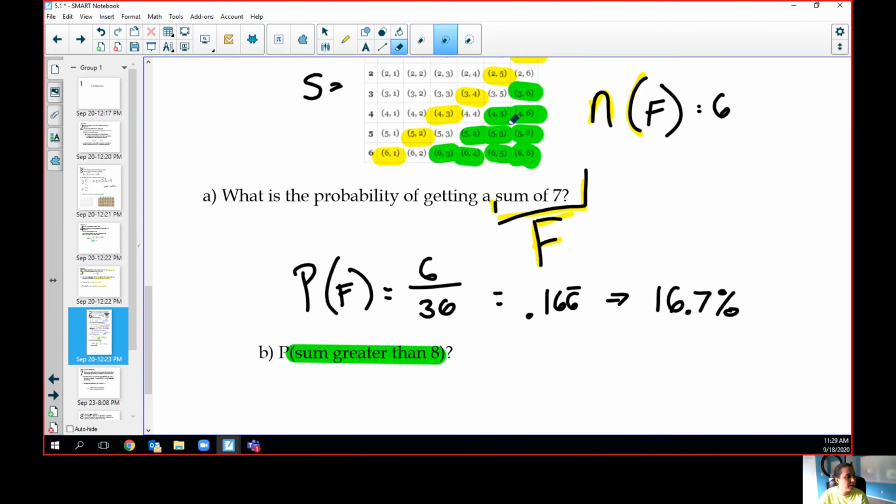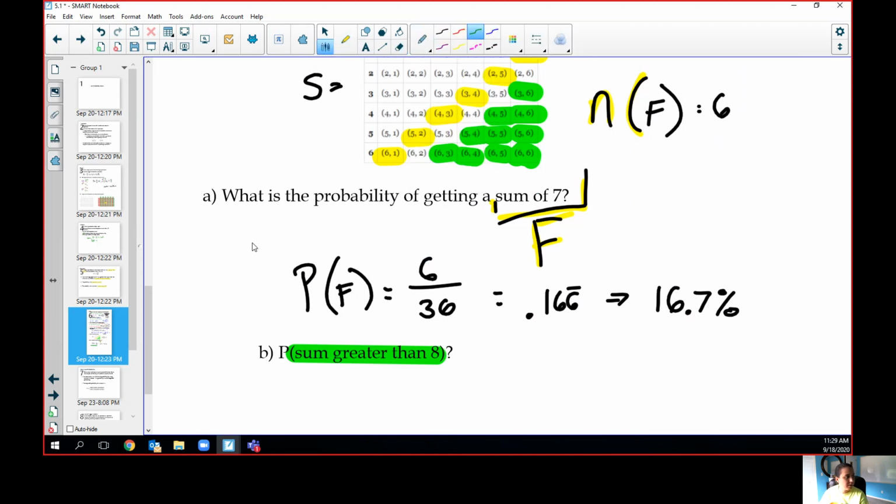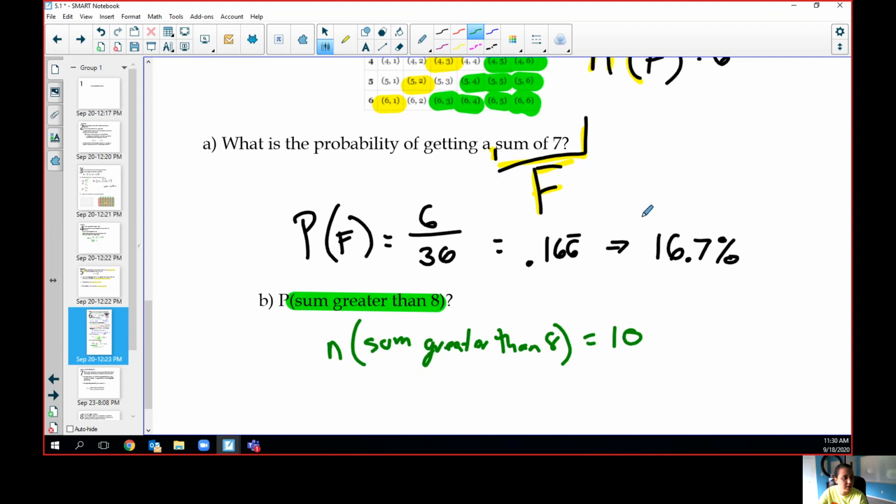So now I want to know the total number there. Well, I ended up with 1, 2, 3, 4, 5, 6, 7, 8, 9, 10. The number where we have a sum greater than 8, we have 10 of those. We once again know that we have a total of 36 in our sample space.